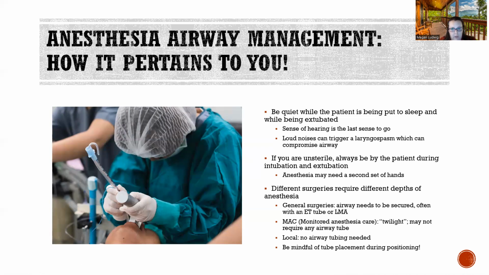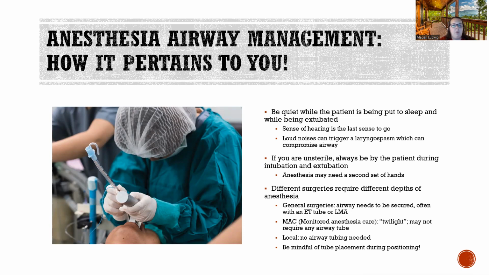In anesthesia, airway selection does affect your cases sometimes. So, for example, if you're going to be doing a surgery on the back and the patient needs to be prone, just laying on their stomach face down, but the case requires them to be under general anesthesia with this ET tube placed down their throat so they can breathe, you can't be laying directly on that, prone, face down on the table.